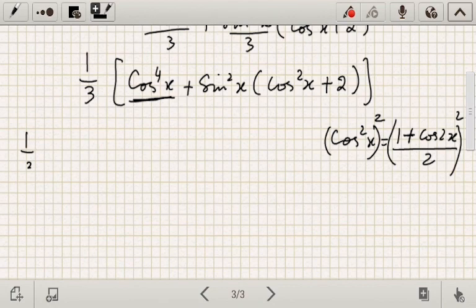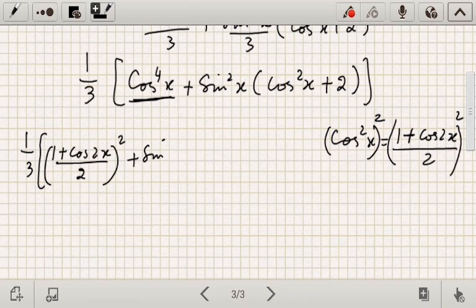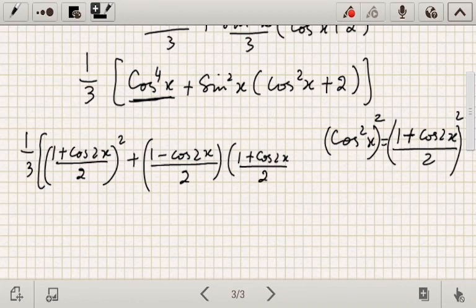So I can write 1 over 3 into 1 plus cos 2x divided by 2 whole squared plus sin square x, and I'm going to also write down sin square x as 1 minus cos 2x divided by 2, and cos square x again as 1 plus cos 2x divided by 2 plus 2, right? So this is what we get.